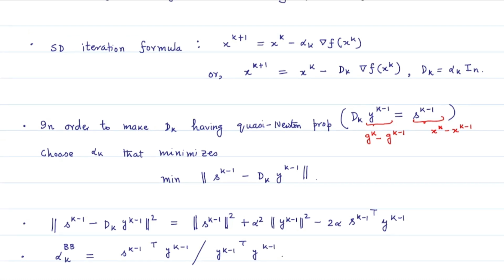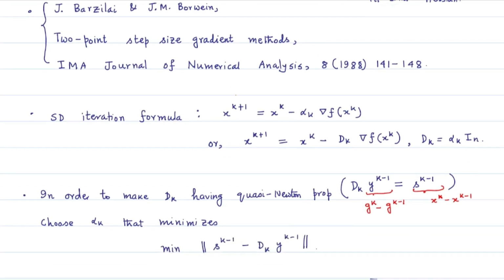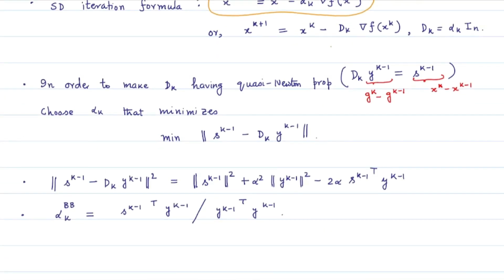So the Barzilai-Borwein modification of the steepest descent method is that you consider the sequence of iterates given by this iterative formula, but you take alpha_k to be given by alpha_k^BB, which is equal to this expression.